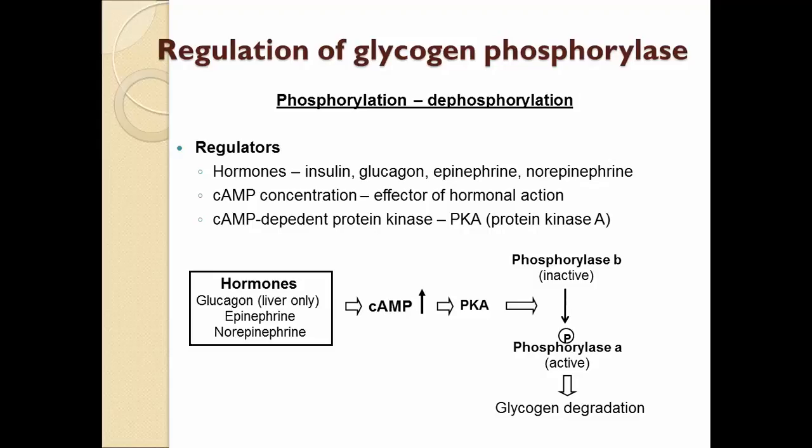So this involves more of a mechanism, right? Protein kinase A phosphorylates and activates, and promotes glycogen degradation.